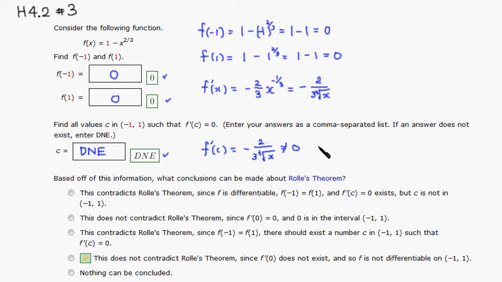But if you look carefully, this function does not satisfy one of the hypotheses of Rolle's theorem. Number one, this function f is actually nice and continuous.